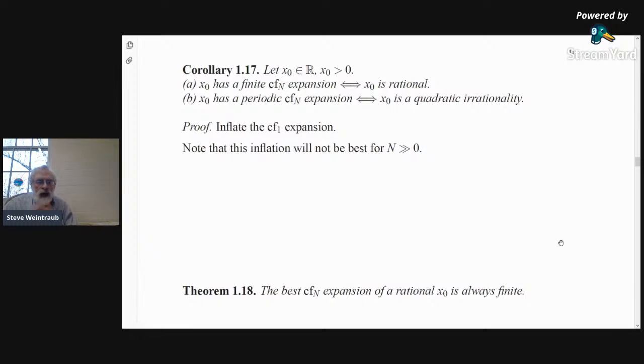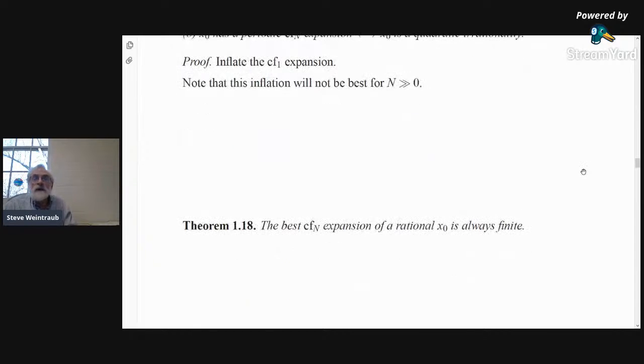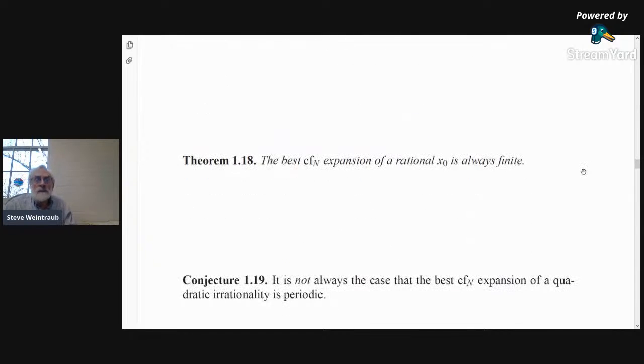Now you might think the same thing should be true for quadratic irrationalities, the analog, that is, that the best CFN expansion should always be periodic, but we don't believe that. We conjecture quite the opposite, that it is not always the case that the best CFN expansion of a quadratic irrationality is periodic. There are very many cases where it is, but we conjecture that it's not always true.